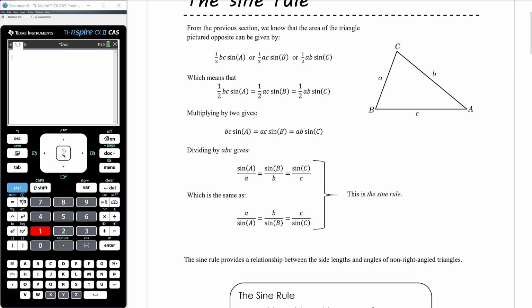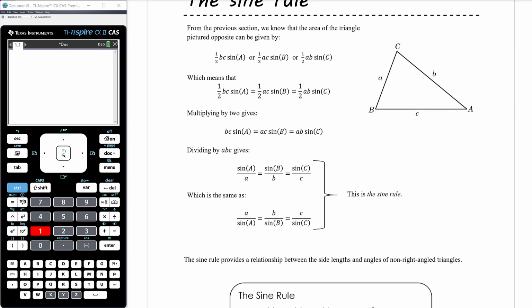From the previous video we learnt how to find the area of a triangle, and we found that it was half times two side lengths multiplied together, times the sine of the included angle. So half times b times c, if we're using side lengths b and c, we would use the included angle A inside the sine.